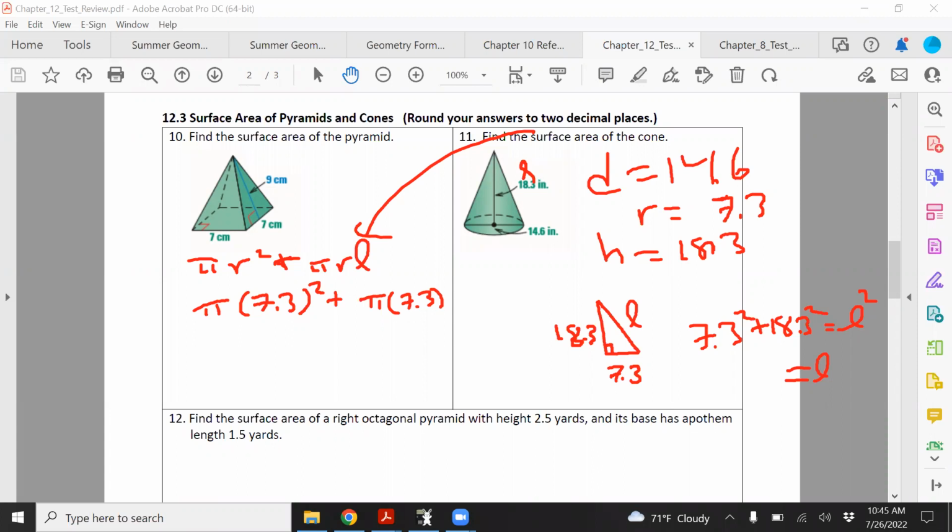Root it. You get 19.7. So then you got the 19.7 over here. And you just work all that out. Again, I'm sure you guys will be fine. Not worried about that.